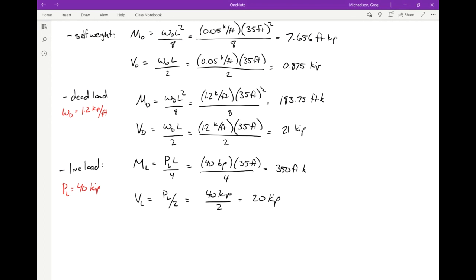So if we've got that, we can factor the load. Factored load: MU is 1.2 times our 2 dead loads.